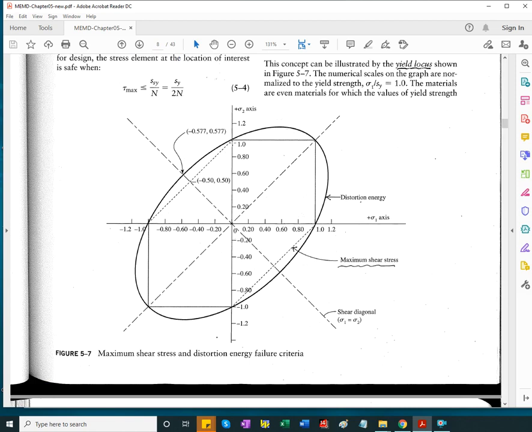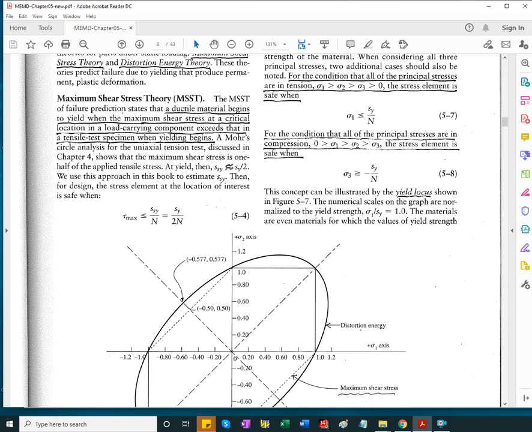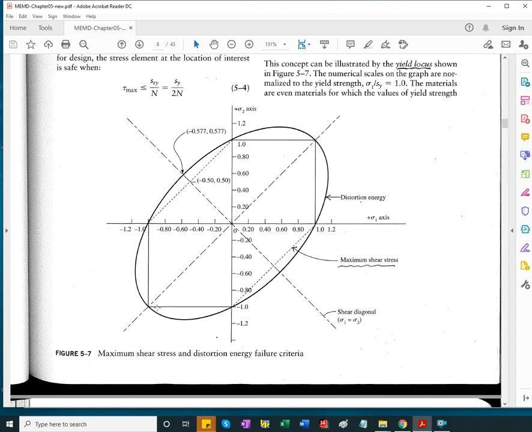The two theories coincide in results for the simpler unidirectional load cases, with the distortion energy theory being more inclusive and the maximum shear stress theory being more conservative.